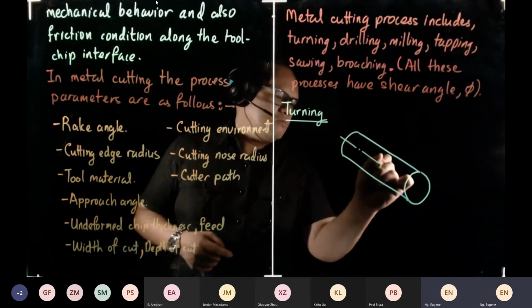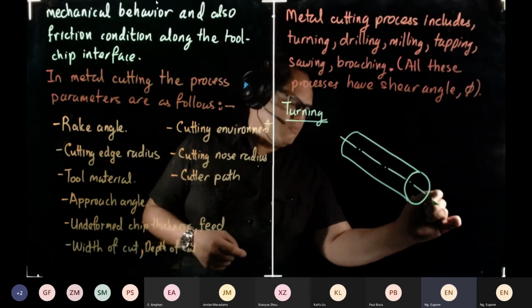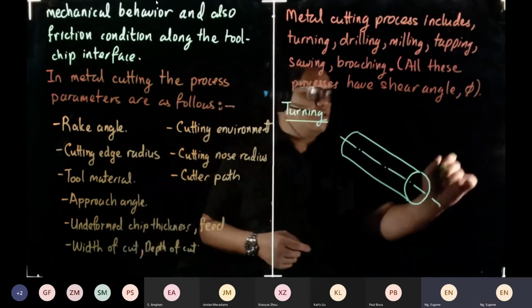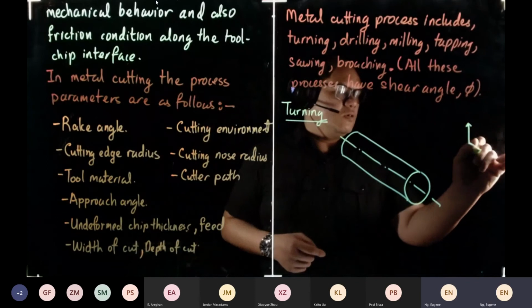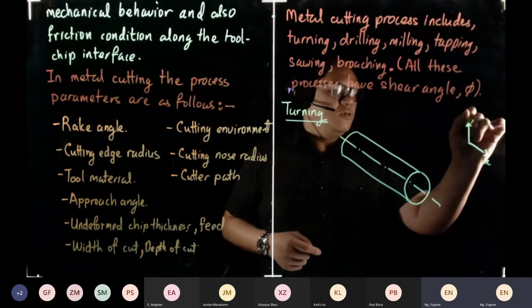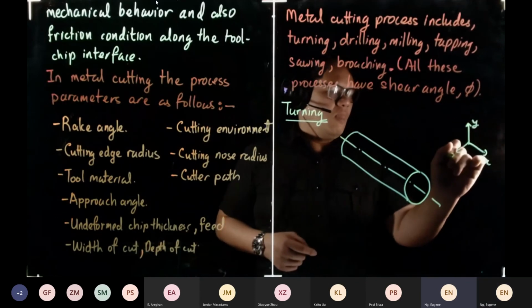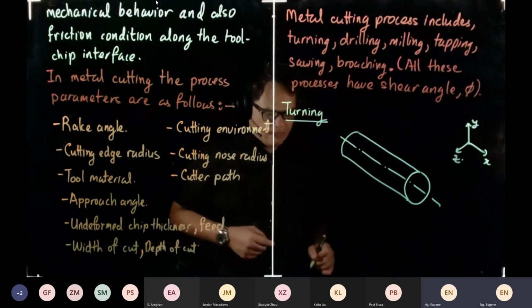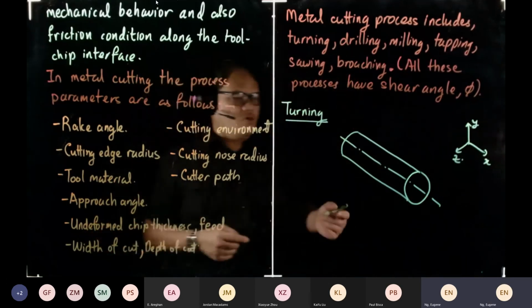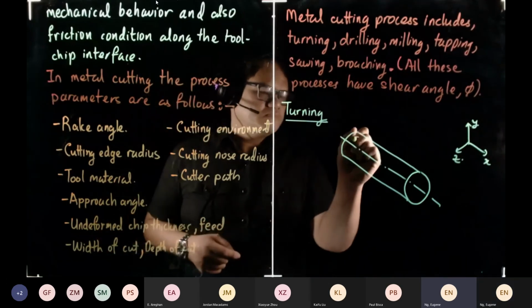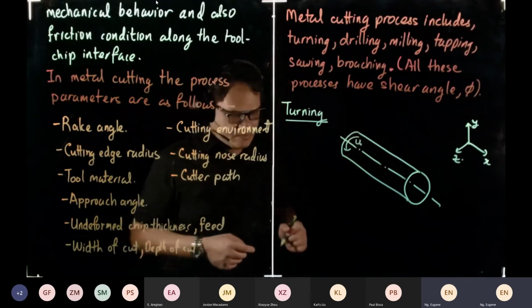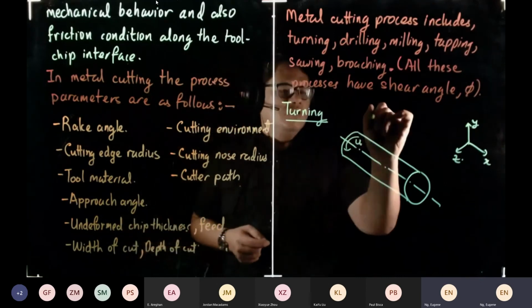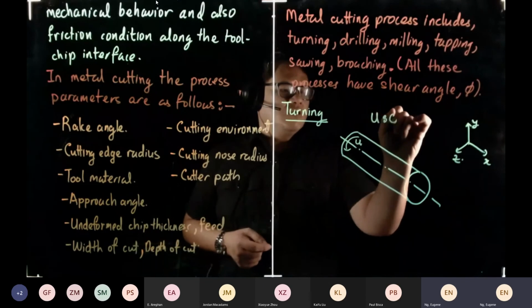If I were to draw my transformation, this is X, Y, and that is my Z. The workpiece will be rotating, and this arrow represents U. You know by now, U is our cutting speed.